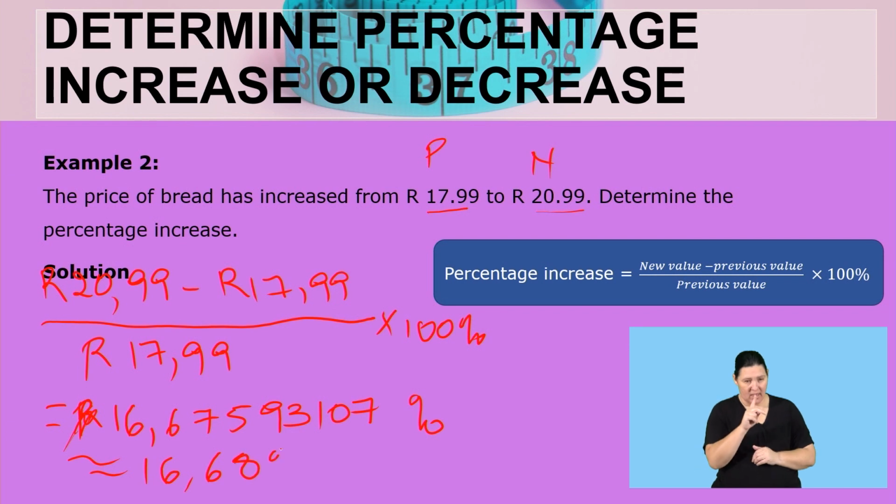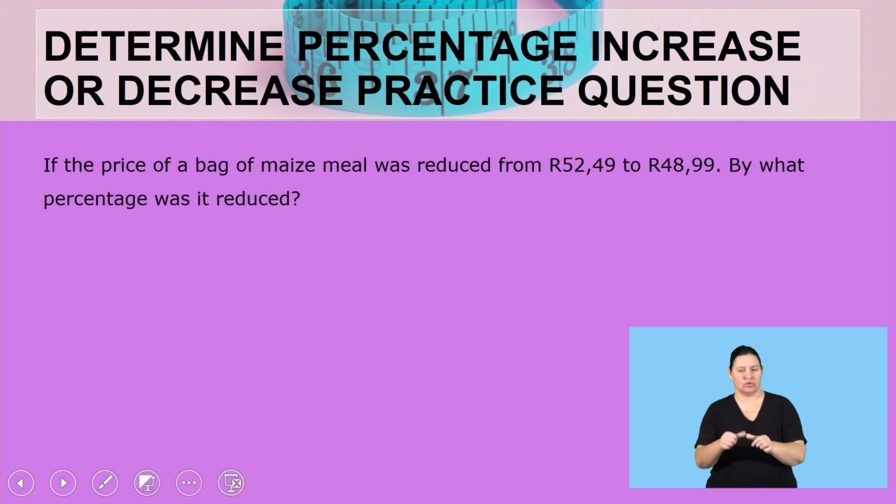Remember, I said if the answer is not guided, then there's no need for you to round off to a specific unit, as long as your rounding is correct. So the answer is 16.68%.